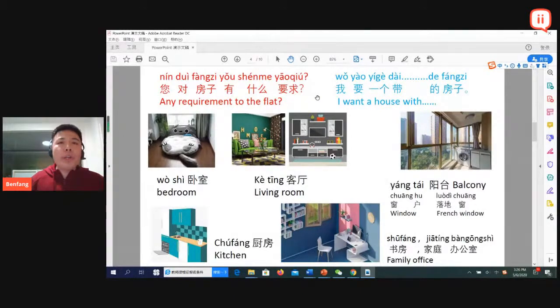好，我们看一看，如果你是一个房客，你对房子有什么要求？If you are a tenant, what requirements, 要求, do you have towards the house that you are looking for?